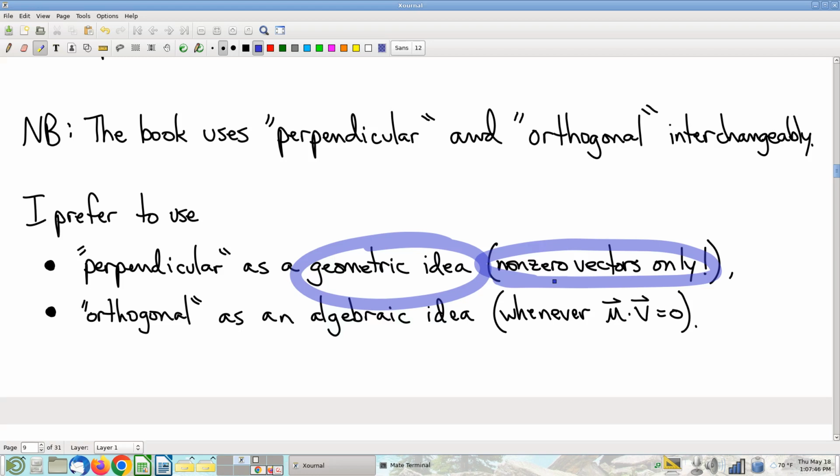Okay. So the geometric idea that this relates to can only apply to non-zero vectors. Now, here's another idea that again you'll conjure in your mind when you see this, and that is what I'm going to call a purely algebraic idea, and it's dot product equals 0. We know that's got something to do with these words, and dot product equals 0 makes perfect sense whether the vectors are 0 or not 0.